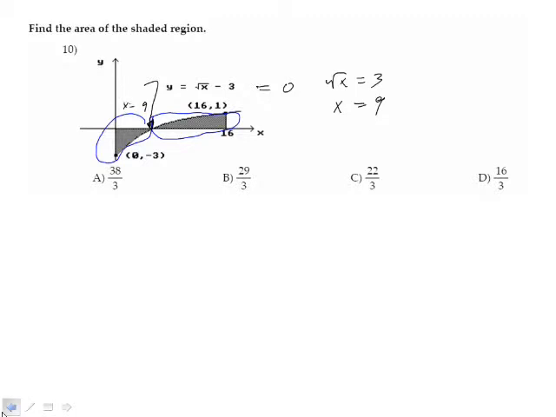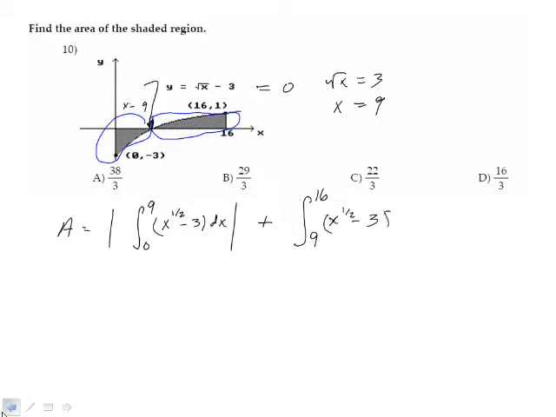So the area will be equal to the absolute value of the integral from 0 to 9 of x to the 1/2 minus 3 dx. The absolute value of that. Plus, we know that the second integral will come out to be positive, so we don't need to take absolute value. So we go from 9 to 16 of x to the 1/2 minus 3 dx.